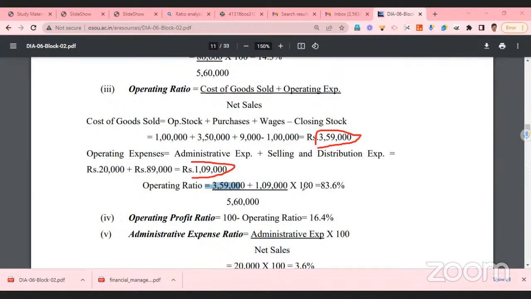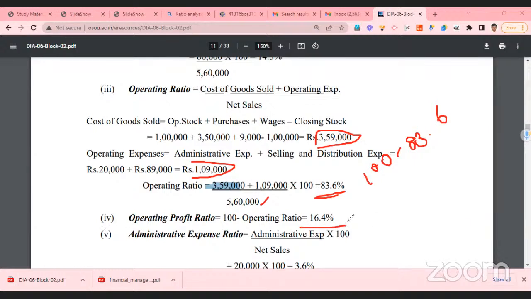The total expenses divided by net sales into 100 is 83.6%. It means if the selling price is 100 rupees, the cost of the product is 83.6%.